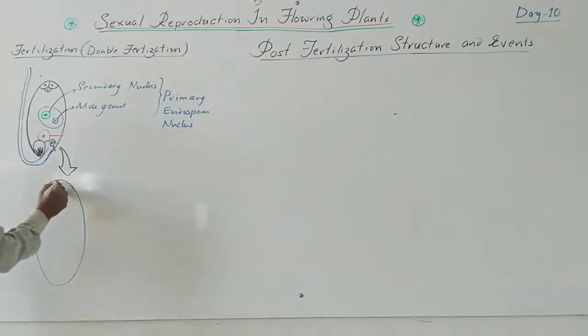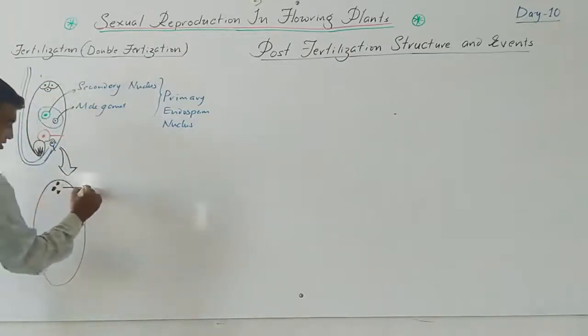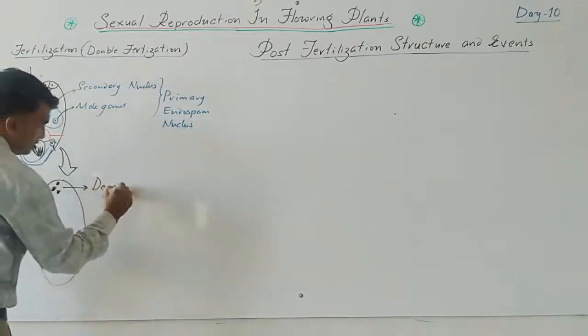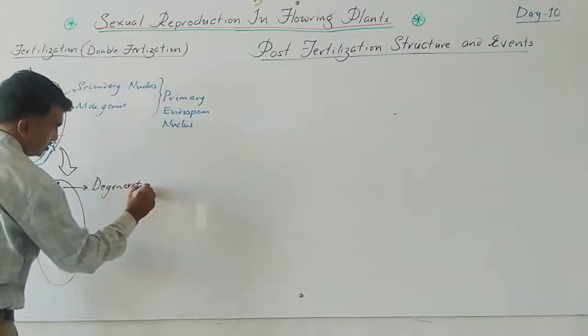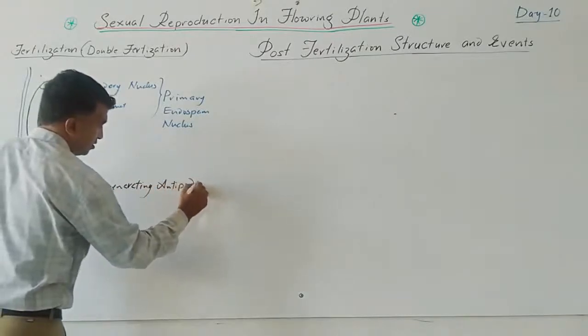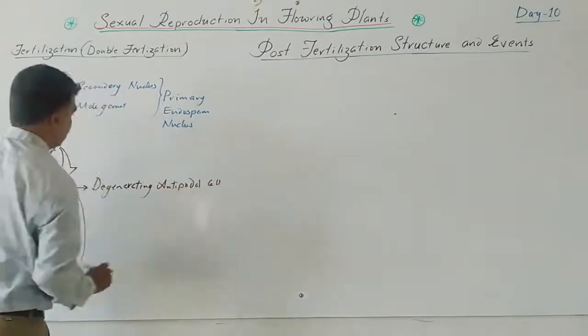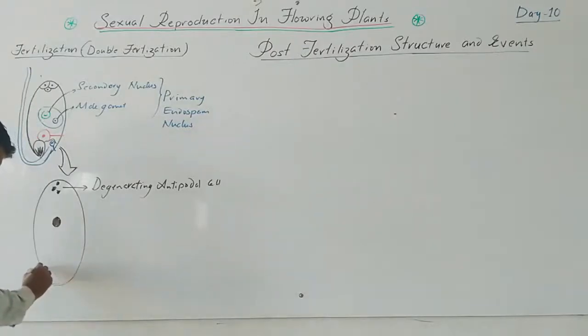Here, the antipodal cells degenerate. Whatever three cells are there, these are the degenerating antipodal cells. Now in this structure, the central cell has the primary nucleus, and downside there are two synergids.